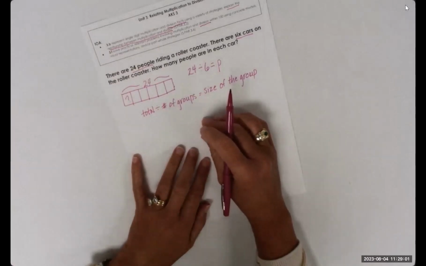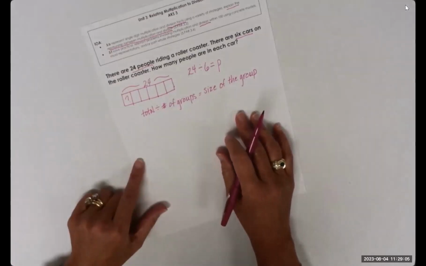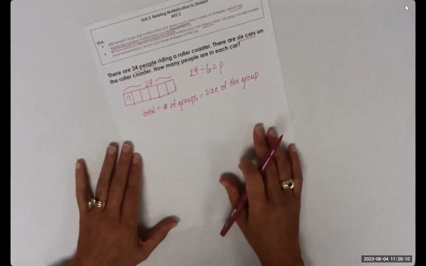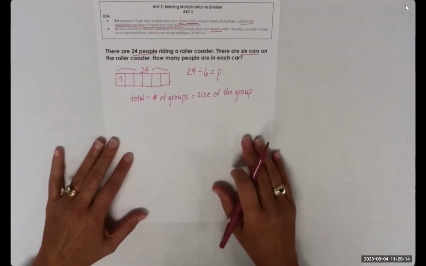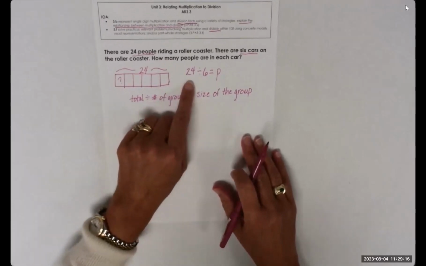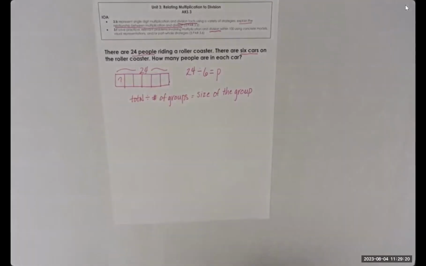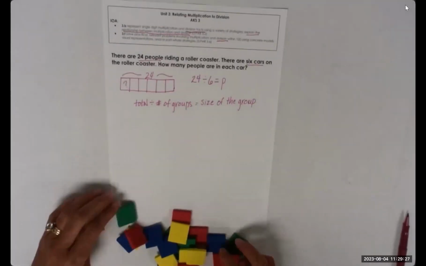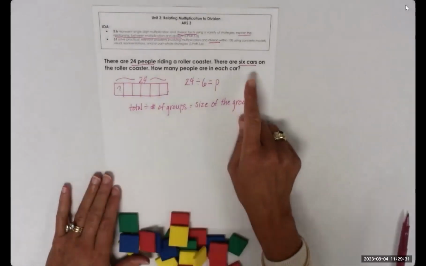And what I'm going to do is walk through this concrete, representational, abstract learning progression when you are engaging in division problems. Okay, so let's start here. And I know I'm dividing my total among 6 groups. And I can see it in my model and I have it in my equation. So I have here 24 color tiles that I've already counted out. These represent my people, and I know that they are in 6 cars.